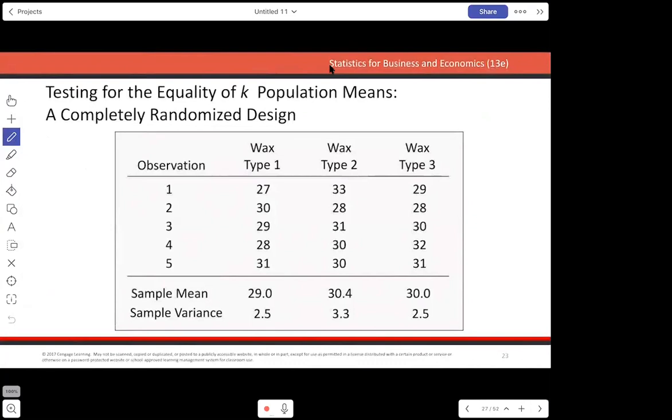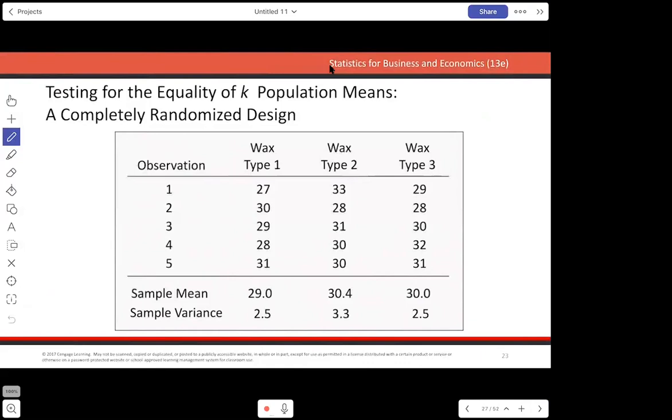All right. So now here's what we have. We want to compare the performance of three different types of waxes, I guess. I'm not sure what we're measuring in this problem, but we have three types of wax: wax 1, wax 2, wax 3. So that's the treatment. Another example of treatments: when you buy gasoline for your car, there's regular, there's plus, and there's supreme.